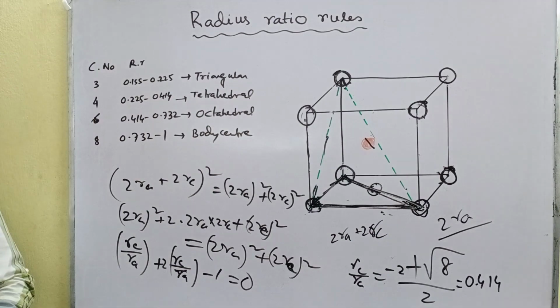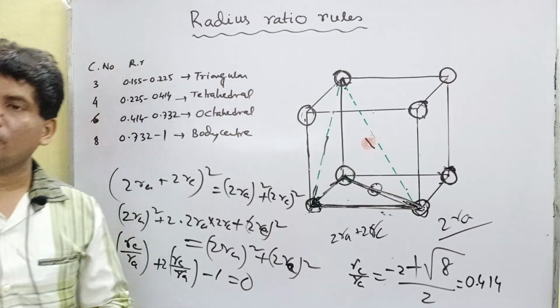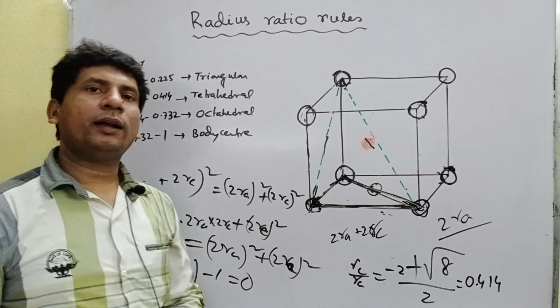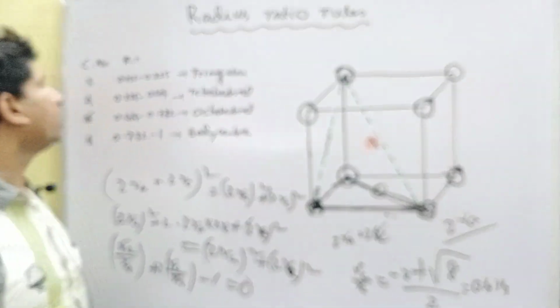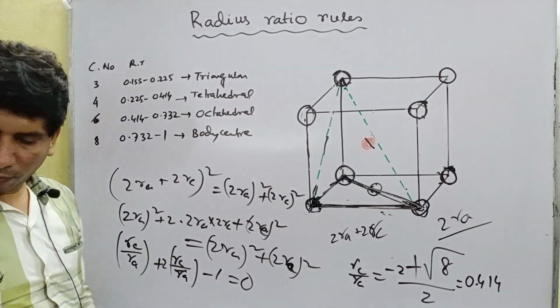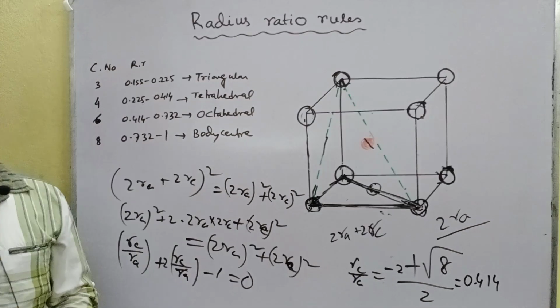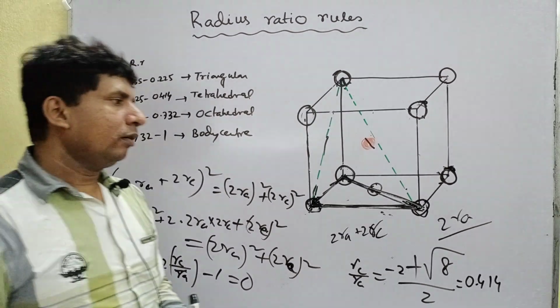Okay, so this is the radius ratio. In this way we can get this type of radius ratio, and this is very important for competitive exams. Okay, thank you.